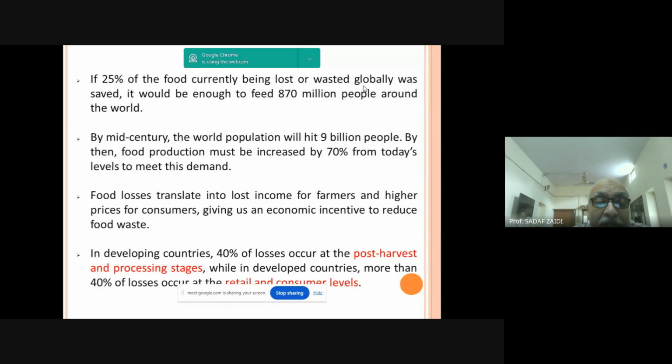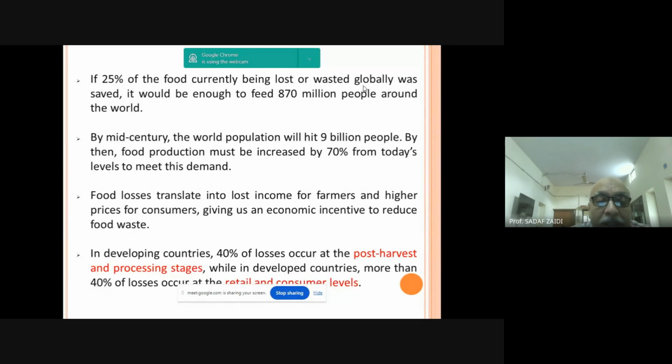So are we ready for that? I'm at a loss to understand that we are not. I'm sorry to say that we are not. Now what is there? The food losses that are there on the farm, they are basically the lost income for the farmers and higher prices for the consumers, because less is the quantity, more is the demand, higher is the price.